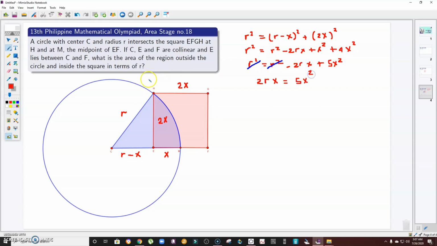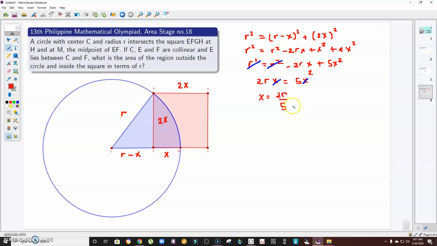Of course, x cannot be 0, since 2x is a side, so I can simply cancel x here. What will be left is the value of x, which is equal to 2R over 5.